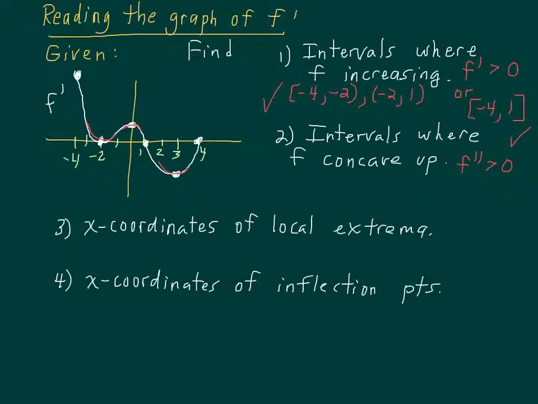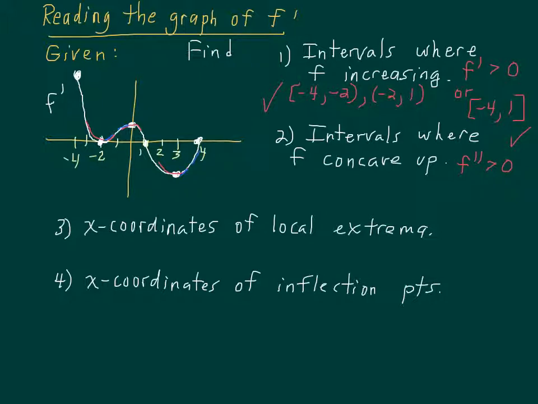So instead, what you need to do is to get the second derivative, we need to take the derivative of the first derivative. So we're looking for where the second derivative is positive. So that means we're looking for where we have positive tangent line slopes.